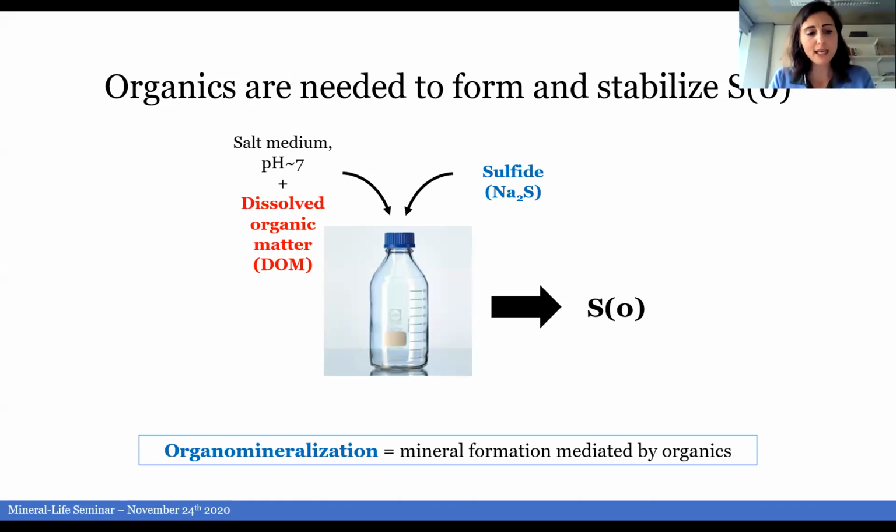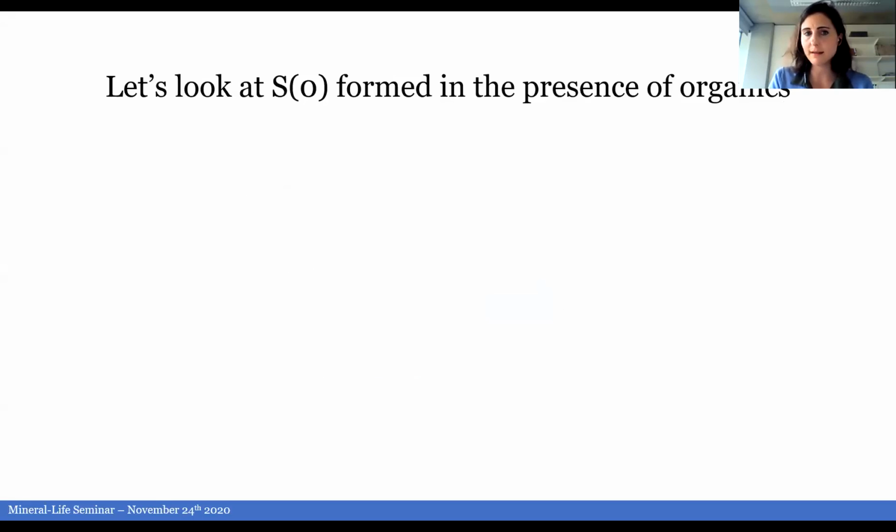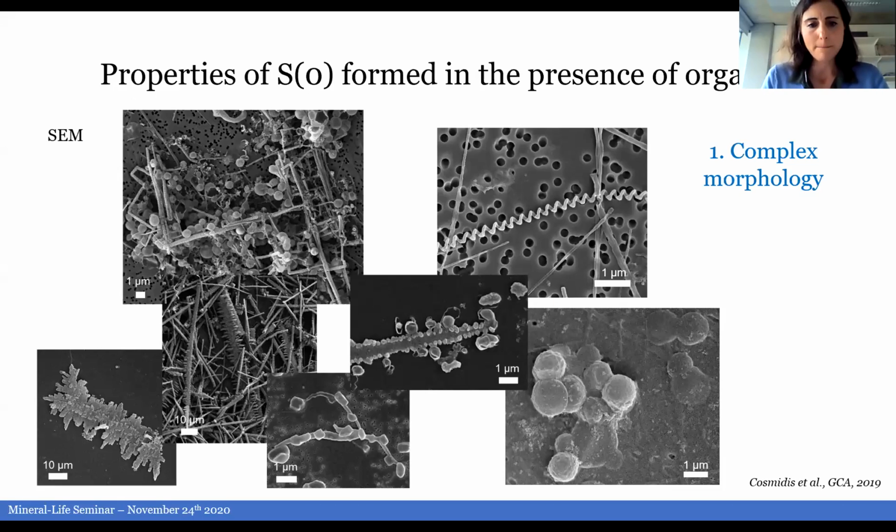So now we can take this elemental sulfur formed in presence of organics and look at it, try to describe this sulfur. What does it look like? So what's very interesting, if you put this organomineralized sulfur under a scanning electron microscope, you're going to observe very interesting morphologies, which are very different from what sulfur formed in the absence of organics would look like.